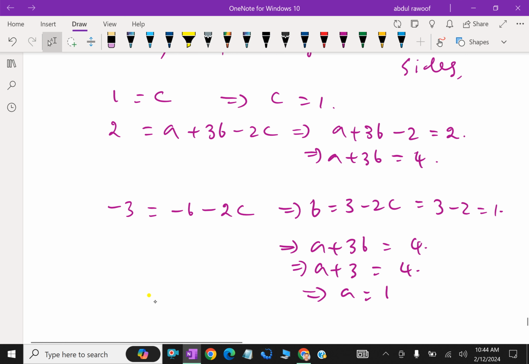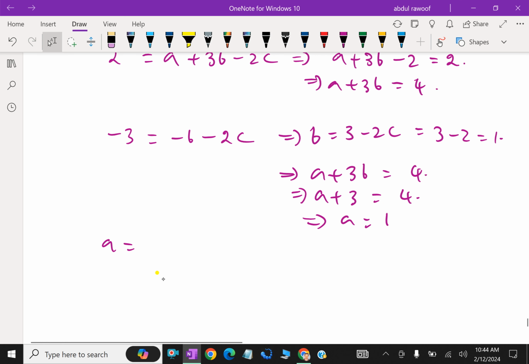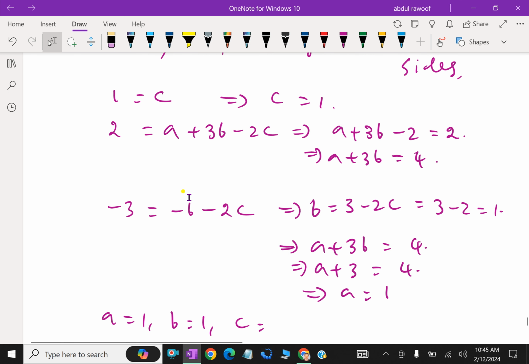So we got a equal to 1, b equal to 1, and c equal to 1. Here all are 1.